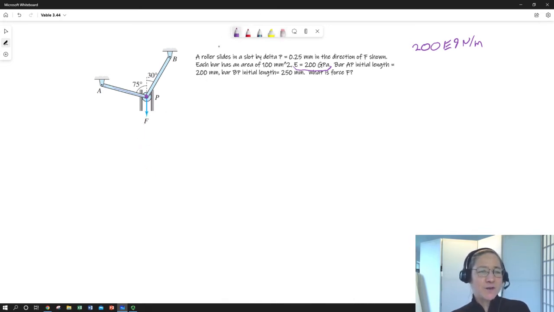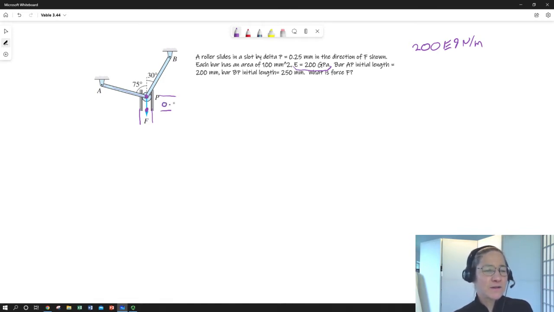But in any case, we know that as the result of this force application, this roller is going to displace a certain amount down the bearing slide here. And we know that displacement amount, something we could measure, maybe there's a sensor on the side of the bearing. It's very small.